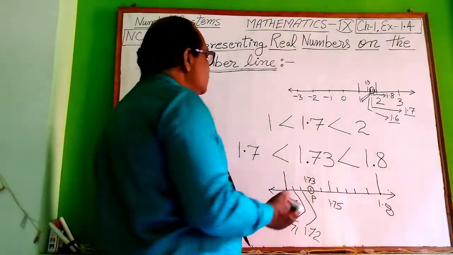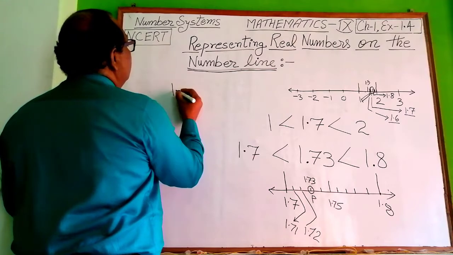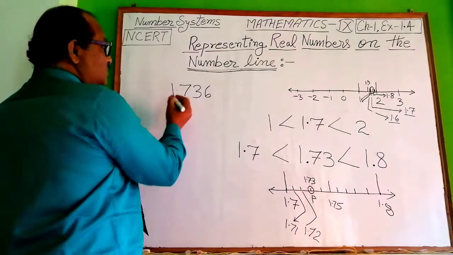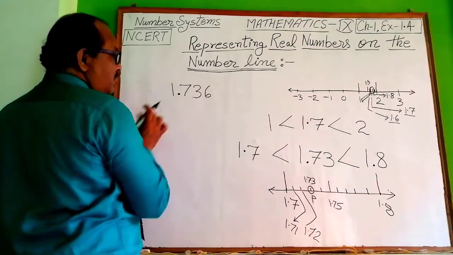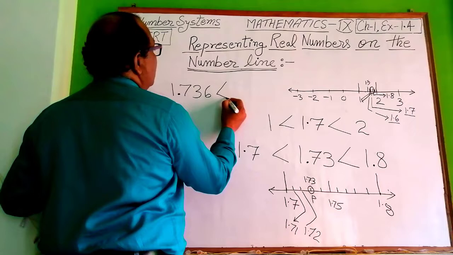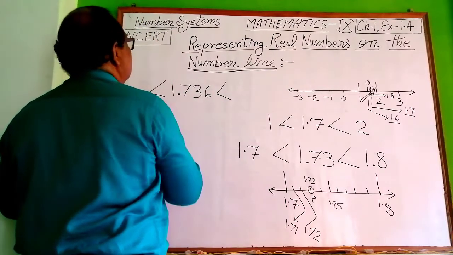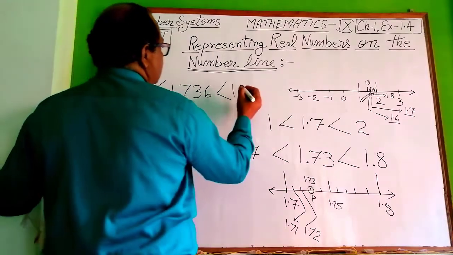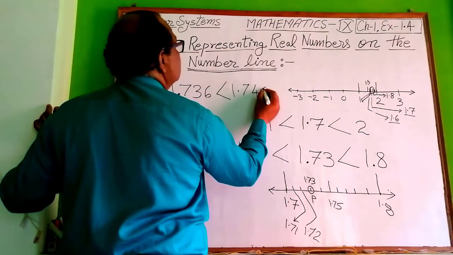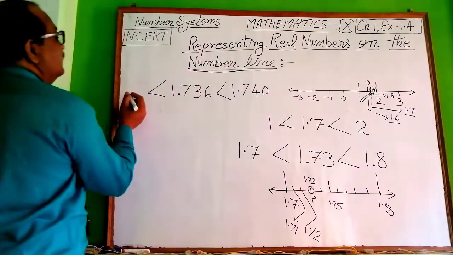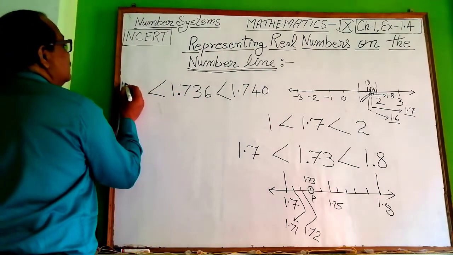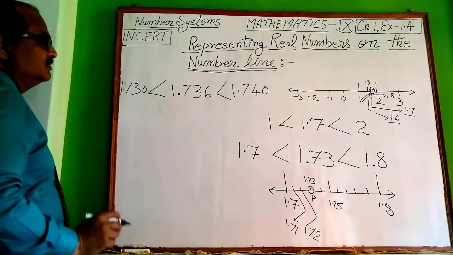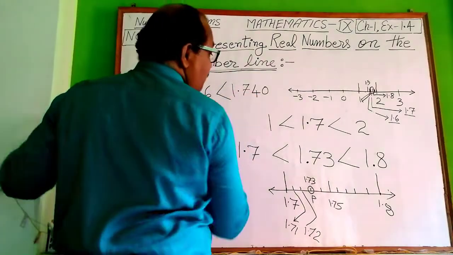Now suppose you want to locate 1.736. So see how to represent this number. You can see this number lies between 1.740 and 1.730. 2 points we will select on the number line.